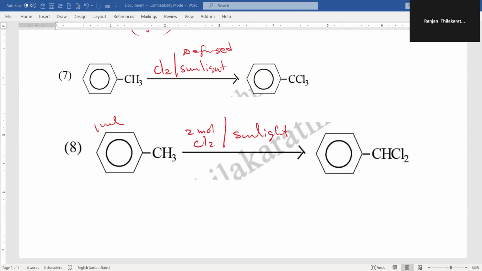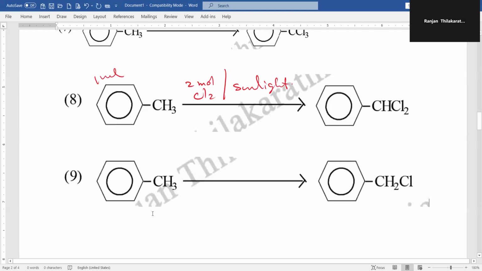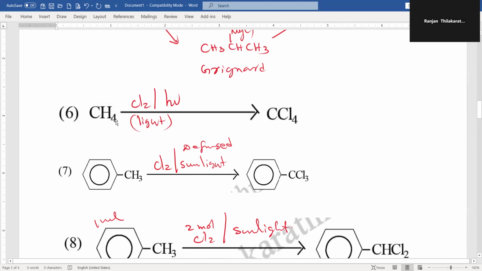Then if you need only one chlorine, again you have to control the reaction. It says in books that you can control the reaction only in the case of toluene, but not in the case of substituting only one hydrogen atom by chlorine using this CCl4, actually it is not possible according to the books, right?